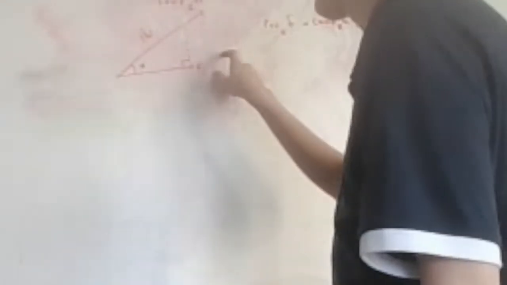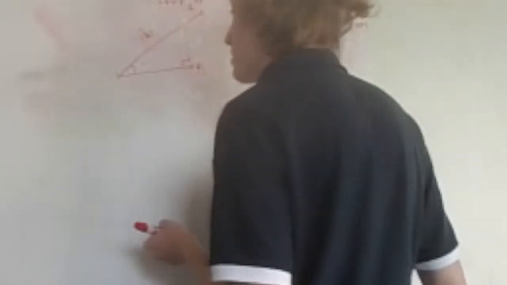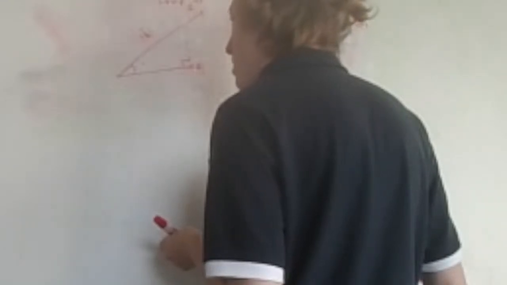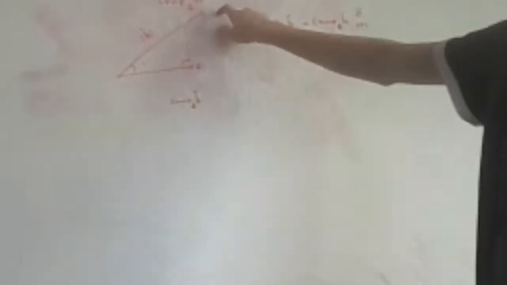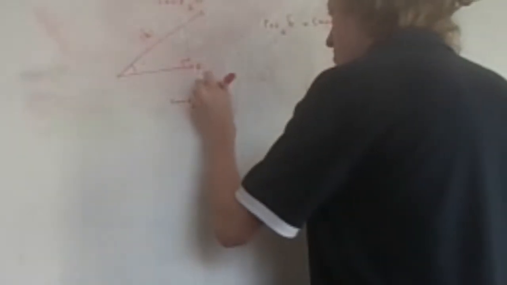If we put the magnitude of B here, the magnitude of B, and so then we're trying to find the component of B onto A. The big line onto the little line, over on the line.